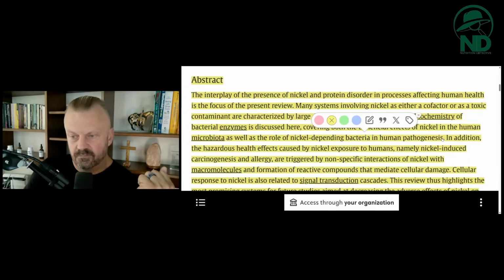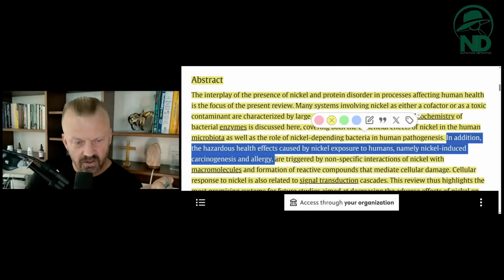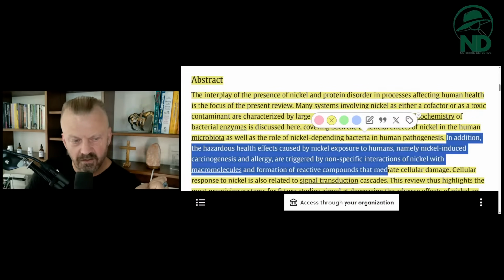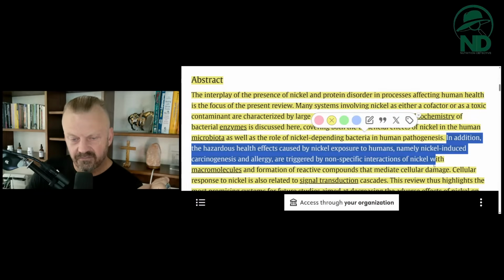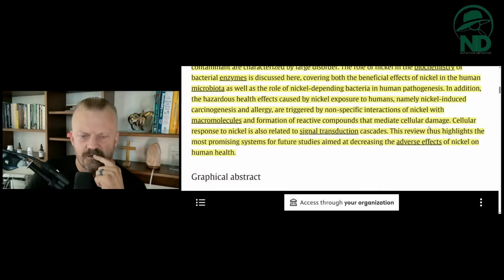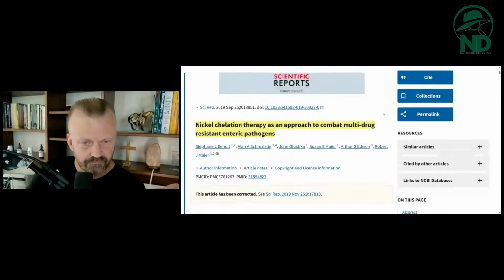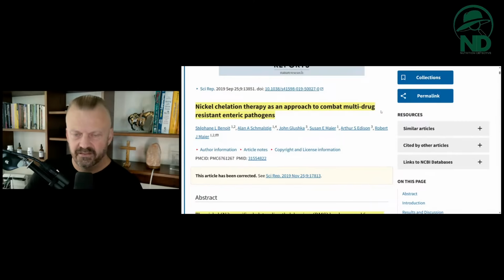In addition, the hazardous health effects caused by nickel exposure to humans, namely nickel-induced carcinogenesis and allergy, are triggered by non-specific interactions of nickel with macromolecules and formation of reactive compounds that mediate cellular damage. So let's just move on from that one. So they've known about all this stuff for a very long time. What's this?